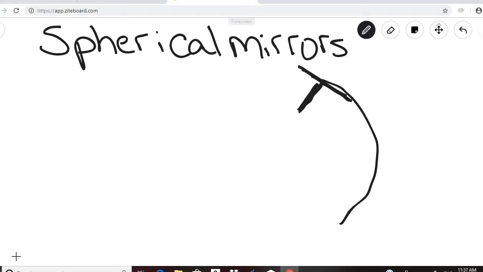So the incoming beam of light is going to hit the curved mirror at a certain point, and then it is going to reflect out from that at a certain angle.